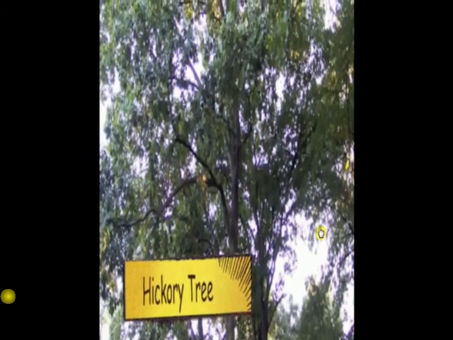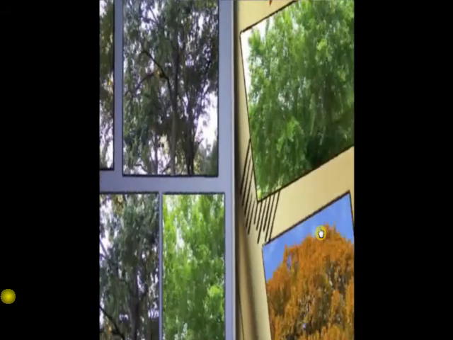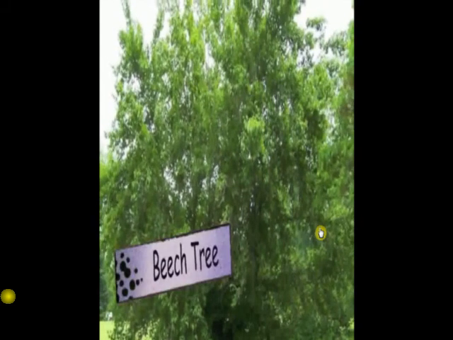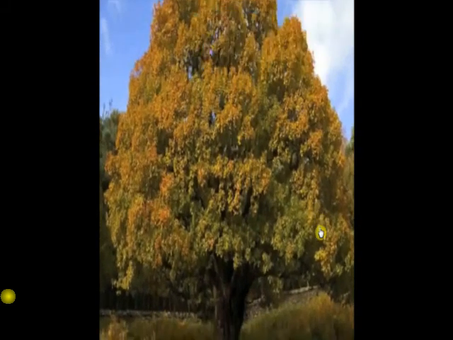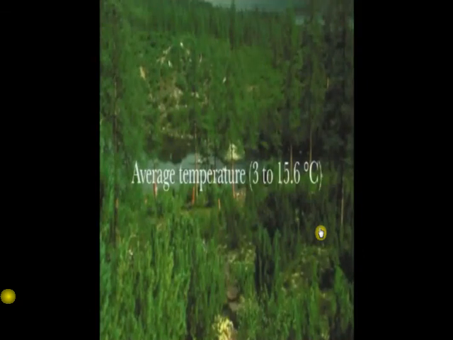Plants include the hickory tree, beech tree, and the oak tree, along with many other deciduous trees.